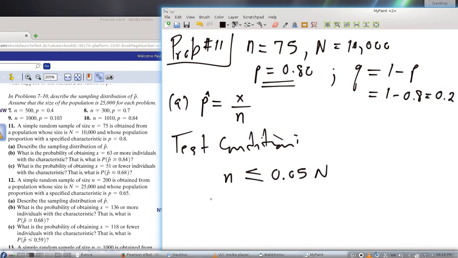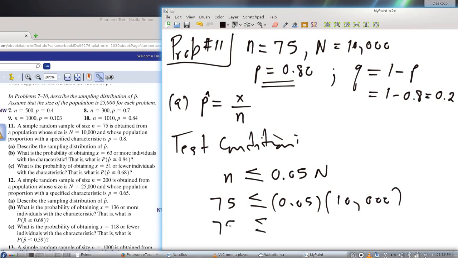So here we want to find out if 75 is actually less than or equal to 5% of the population size. So here we have 0.05 multiplied by 10,000, and obviously that will give us 500. So apparently the data satisfies the binomial property and that it is approximately normal.